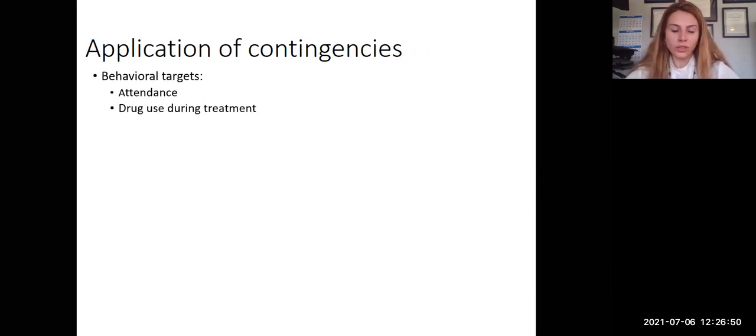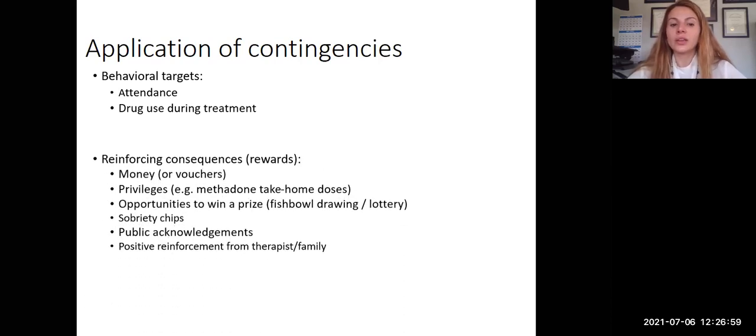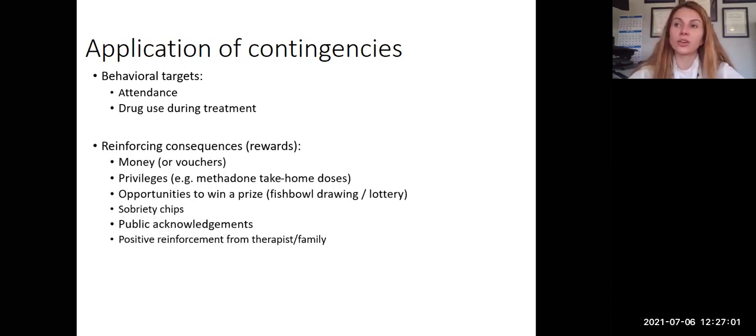So it can be helpful in your work to identify, okay, what are the behaviors that I want to see more of? Is it attendance? Is it a decrease in drug use during treatment? And then coming up with a way to reinforce that. It could be a verbal reinforcement, like, hey, that's awesome, I'm so glad that you did that. Or it could be something like our built-in set with methadone take-homes, which is a reinforcer in and of itself.